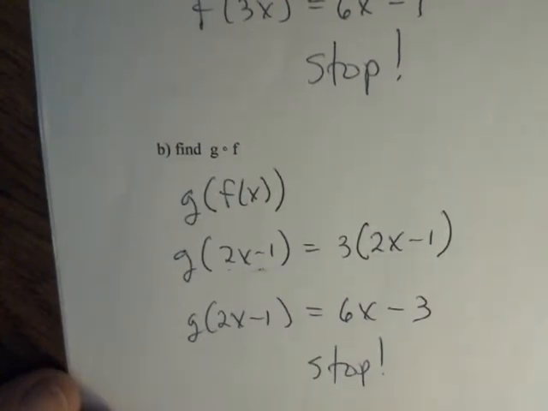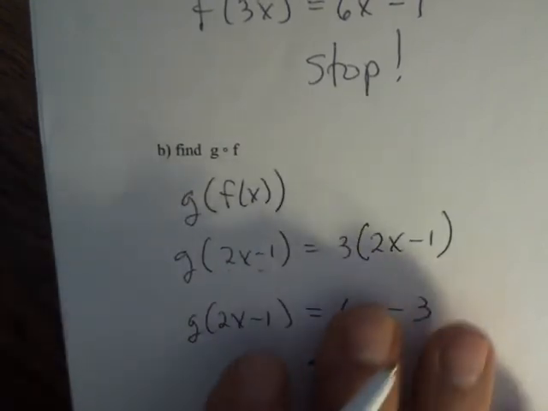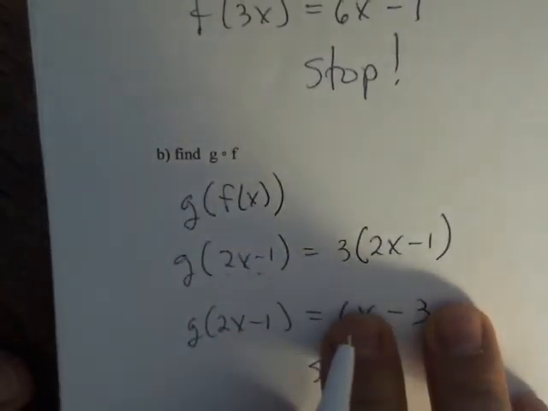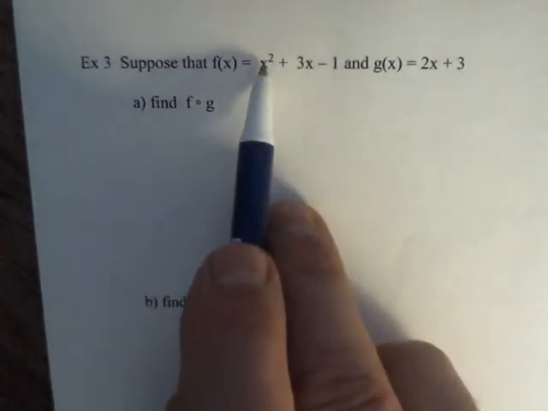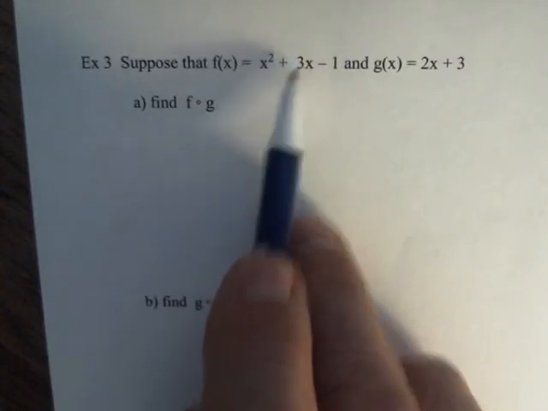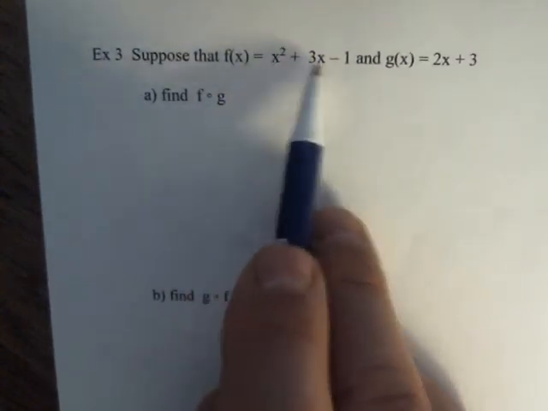All right, so those are not easy, but a little less involved, I would say, than the next examples we're going to do. And the reason for it is you've got a quadratic function with 2 x's. So don't forget you're replacing all x's with whatever you're substituting into that.